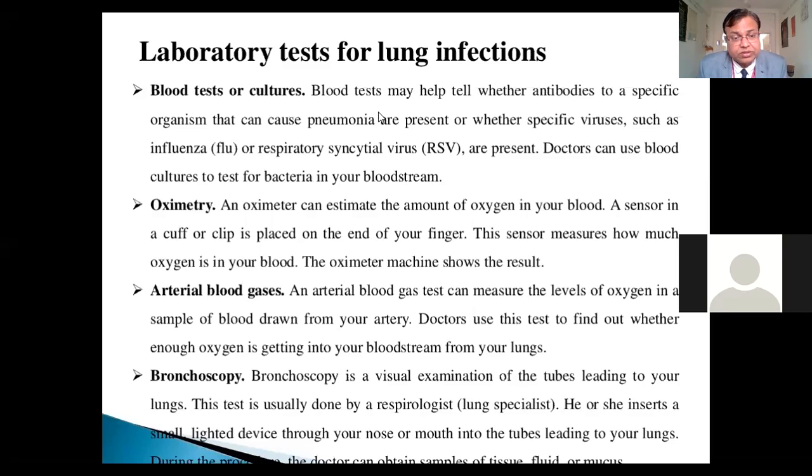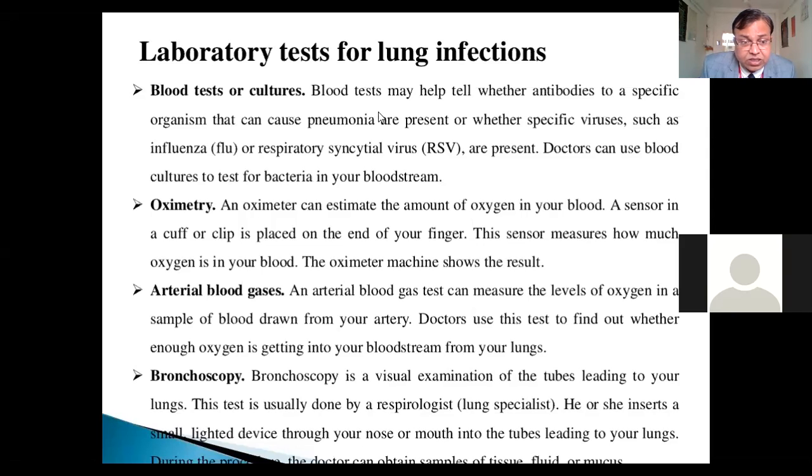or not. Next, related to the lungs, is the bronchoscopy. The bronchoscopy is a visual examination of the tube leading to your lungs. This test is usually done by the respirologist, a lung specialist.